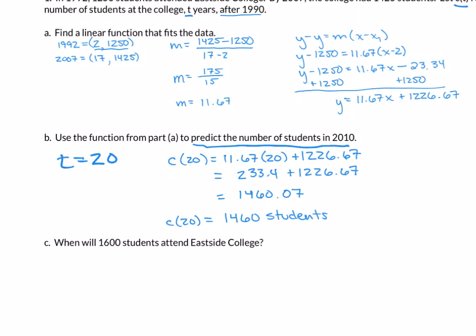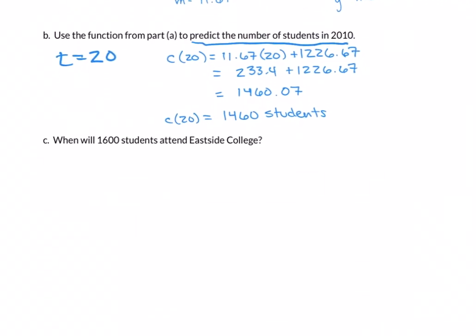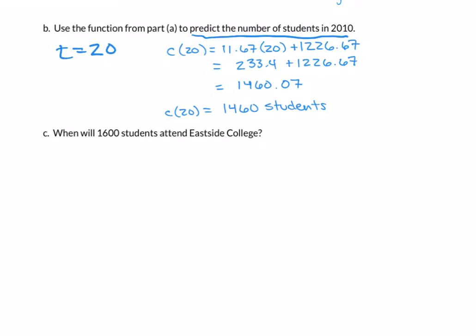Part C, when will 1,600 students attend Eastside College? So notice this is not a time, this is a C value. So in order to solve this, we actually want to set this equal to 1,600 and solve for t. So the first thing I'm going to do is subtract.